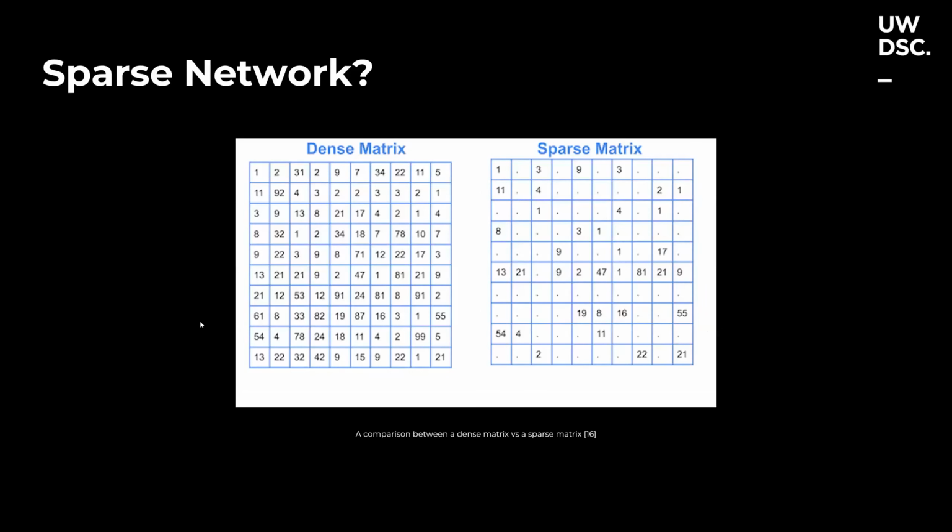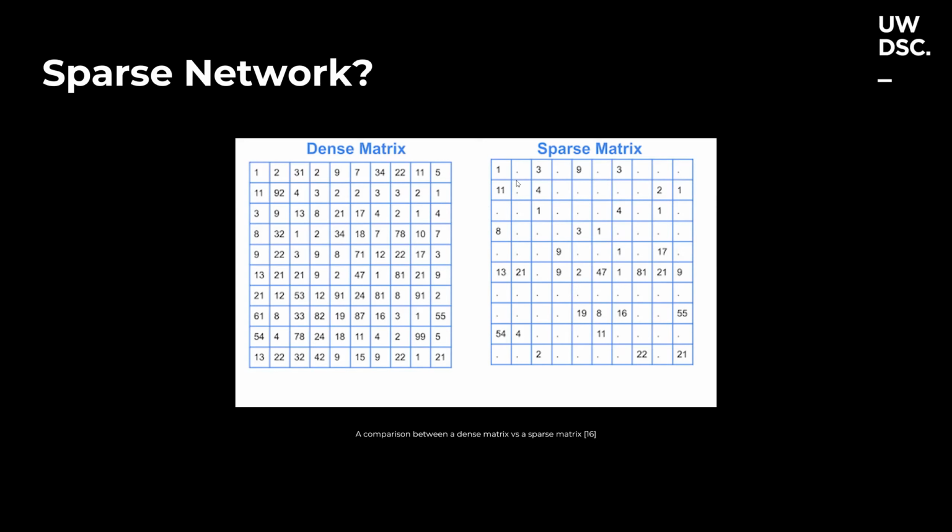So what is sparsity? There are mainly two types of matrices. One is dense and one is sparse. If we look at the one on the right, it's basically a matrix with mostly 0 entries.